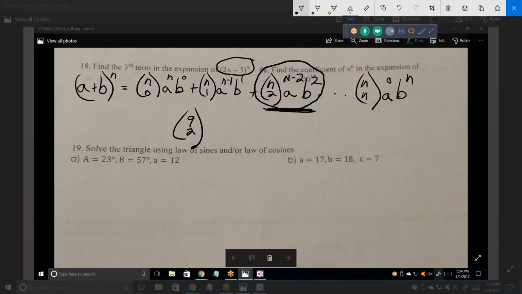So I'm going to substitute 2x for A. What's its power? To the 7th. B is minus 5. What's its power? 2. So there's my third term.